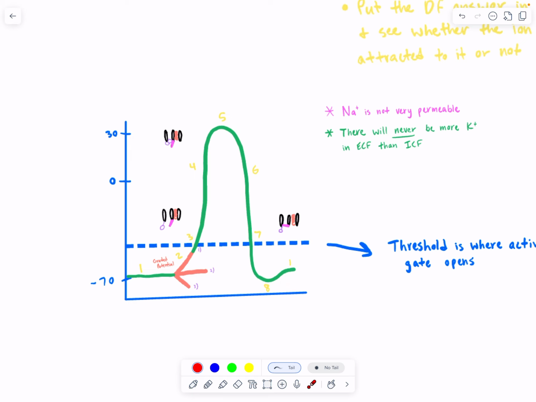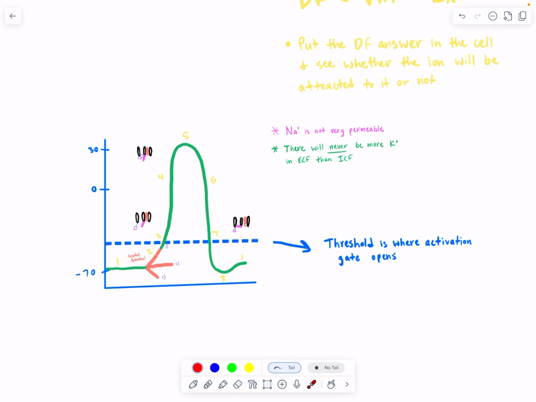However, a graded potential is just this little part before that tries to get it to threshold. But graded potentials can also not reach threshold. They can be like that, and then maybe one will reach threshold, and then it'll go. But graded potentials aren't all or nothing like action potentials are.